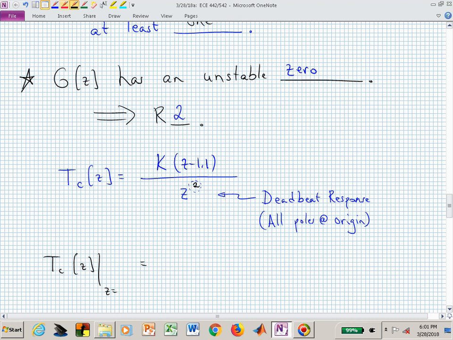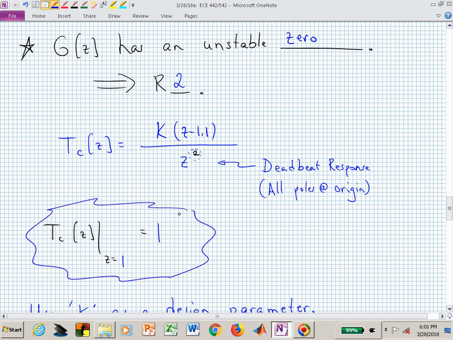So now I'm saying that this needs to be 1, and how do I determine the DC gain of my closed loop transfer function? Where do I evaluate this T sub C of Z, at what value of Z? If I'm doing sinusoidal or frequency analysis, I'm on the unit circle. And where is DC on the unit circle? It's right out there at z equal to 1. So I'm evaluating this at z equal to 1.